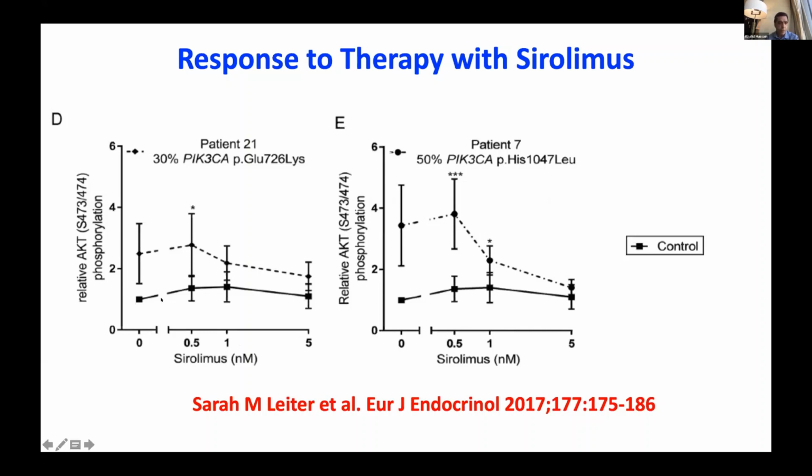So when we subjected these cells to Sirolimus, we were able to reduce the activation of the AKT molecule, suggesting that Sirolimus may work in these patients. And in fact, just more recently now, there's been a publication where Sirolimus has actually been given to a patient with a PI3 kinase mutation, and those patients improved in their blood glucose concentrations.